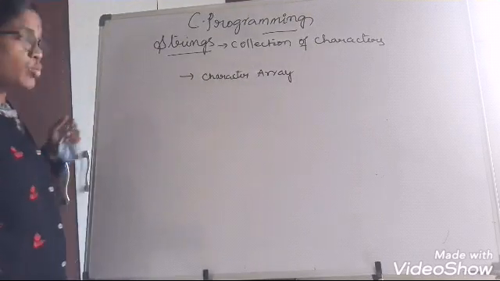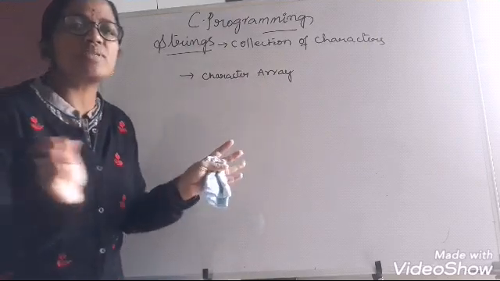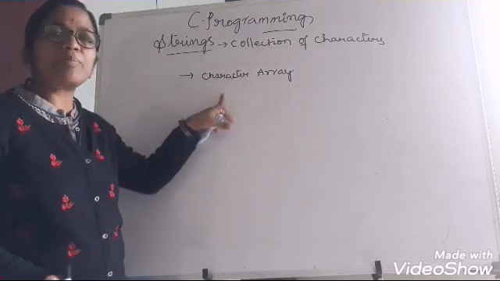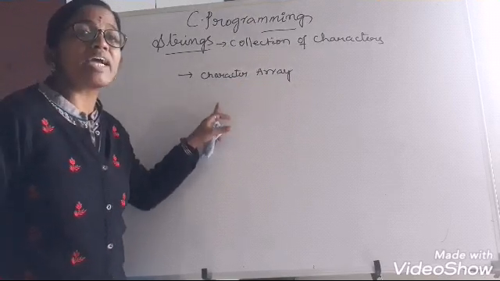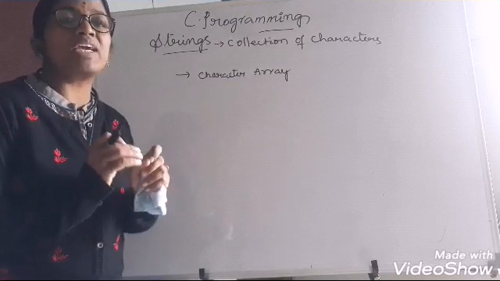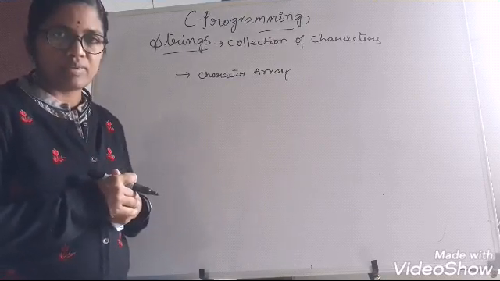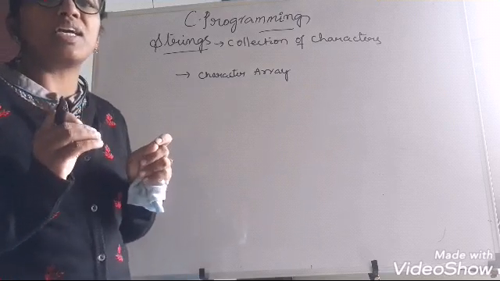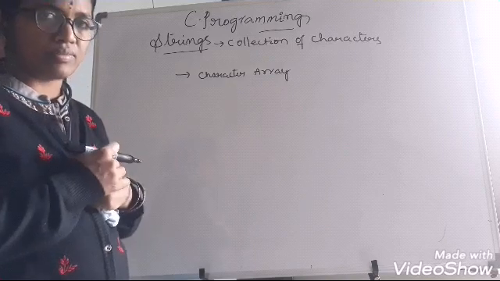Definitely yes. What is an array? It's a collection of similar items. So what is a character array? It is an array of type character. So a character array is nothing but a collection of characters which makes a string. Okay? So we call a string a collection of characters.